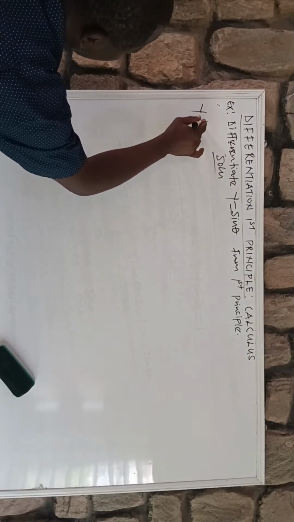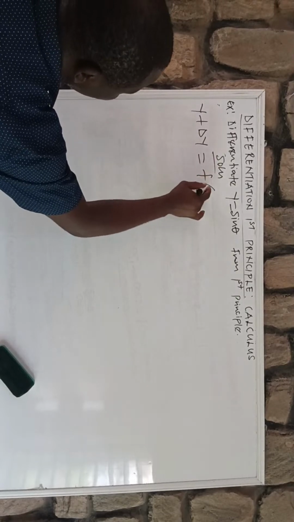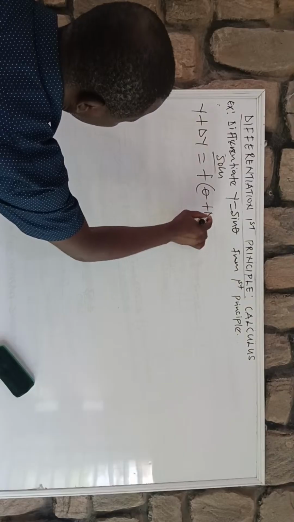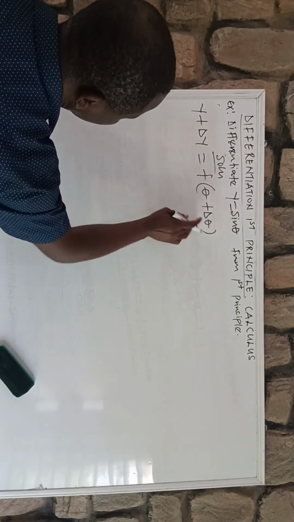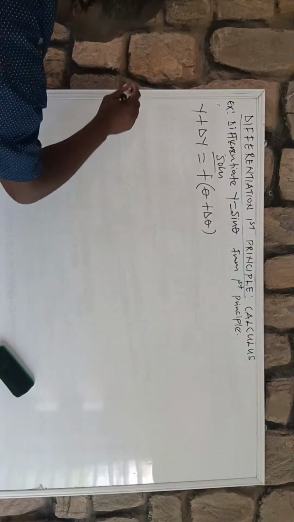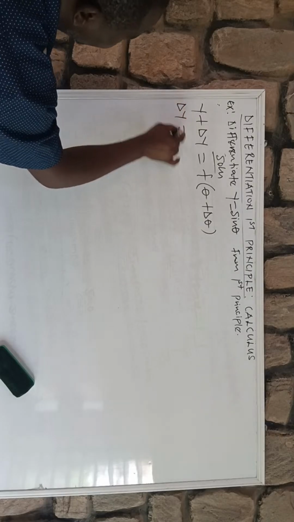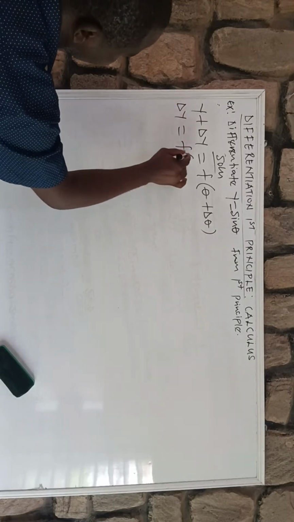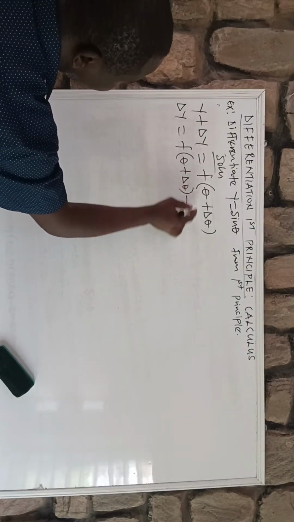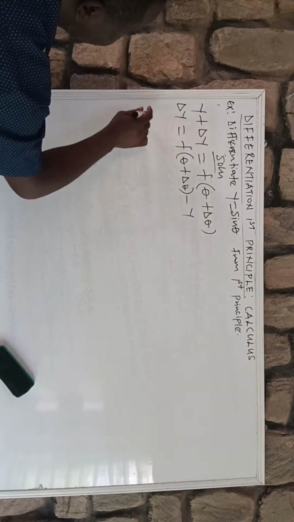Our first principle formula is given as f of theta, since the independent variable is theta, plus the increase in theta. If we subtract y from both sides, f of theta plus the theta minus y, then our y is what? Sin theta.